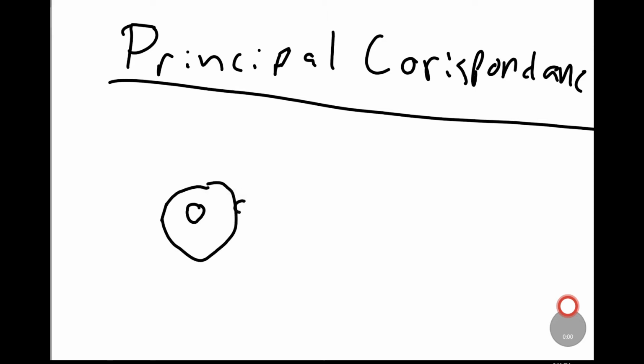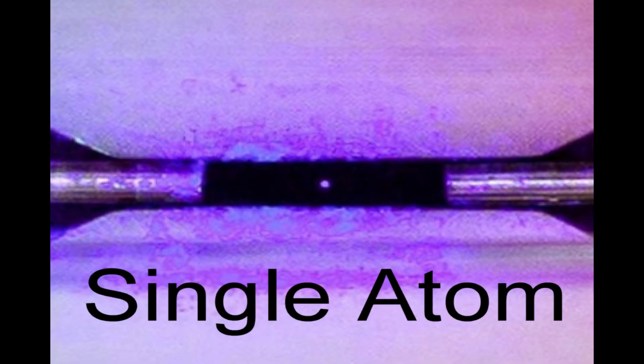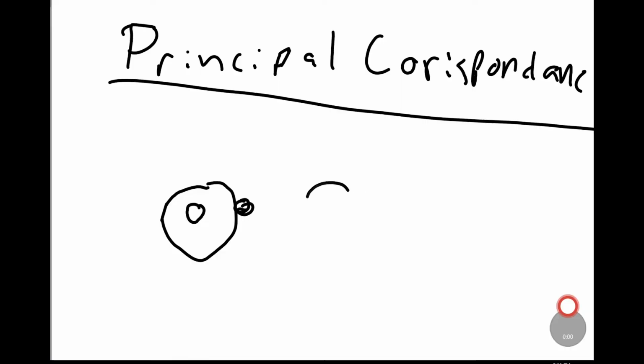So we may start off with an atom. An atom has a central power force, and around it you have energy centers that circle around the atom. And then next you might have a cell.